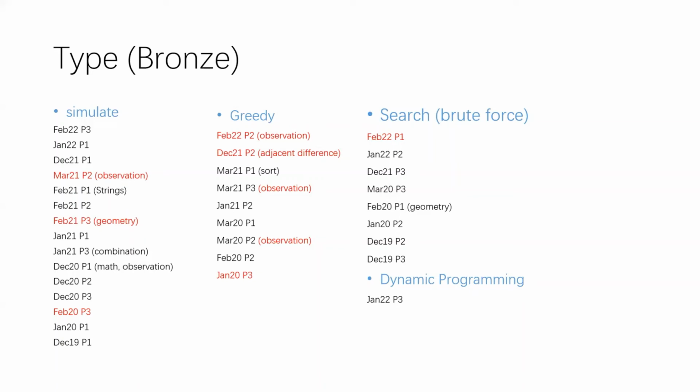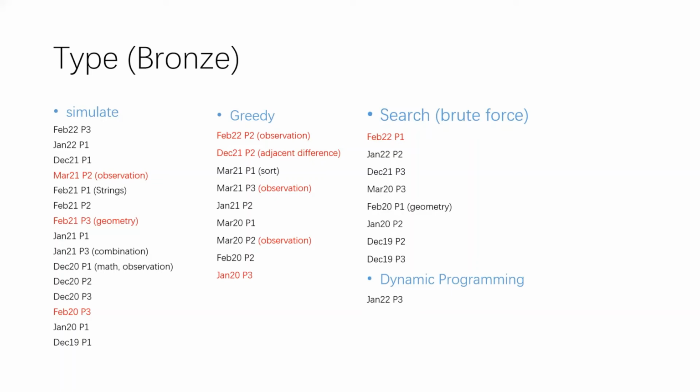That is, you just search maybe all the possible cases, something like that. And also in the recent 3 years, we have a DP problem in bronze level, but we only have one. So that means DP doesn't appear many times in bronze level.